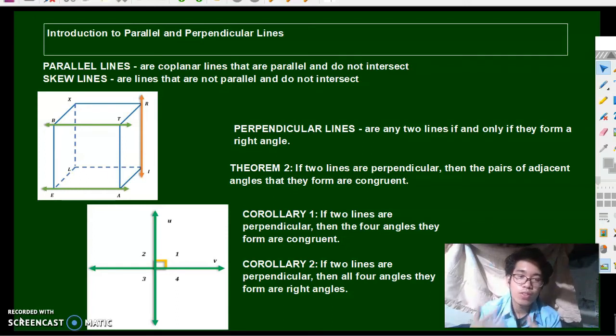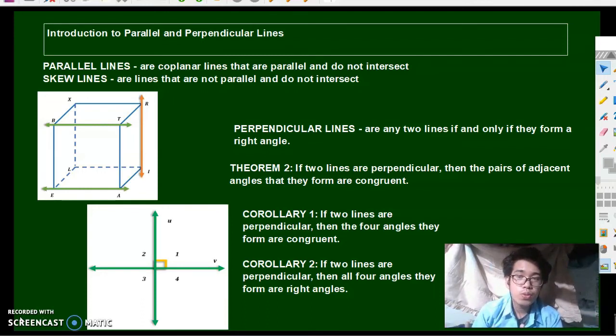We're just going to give you an introduction, since we are going to encounter them in some of our lessons in this first quarter when measuring the area of specific plane figures and the volume and surface area of specific solid figures. So that's why we need to discuss these topics.